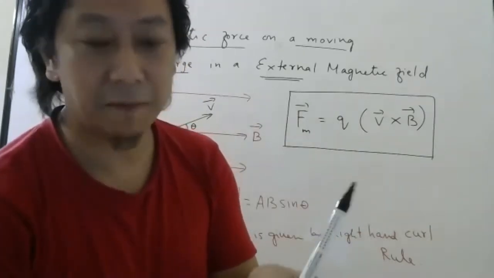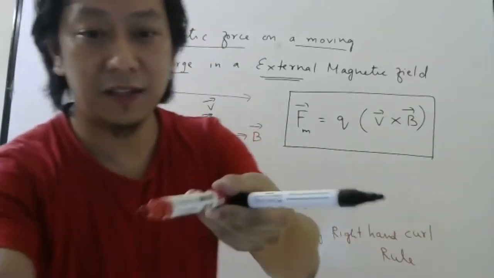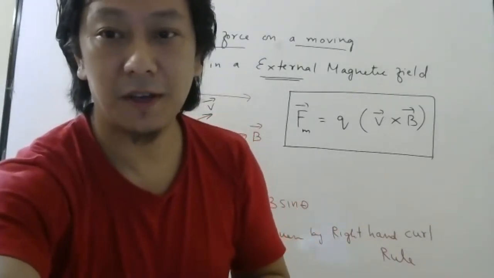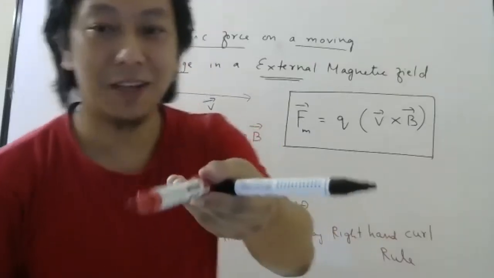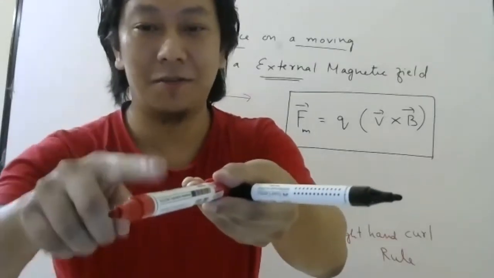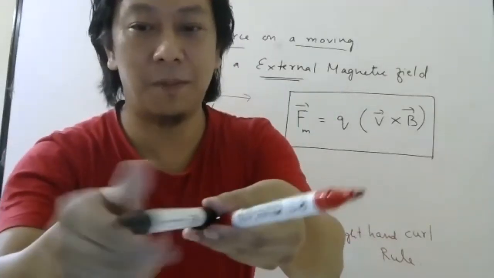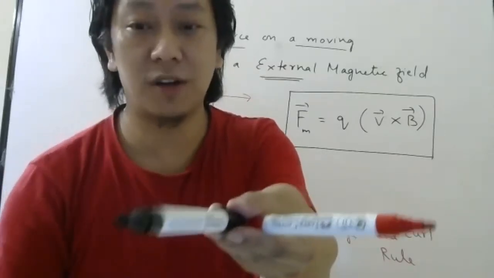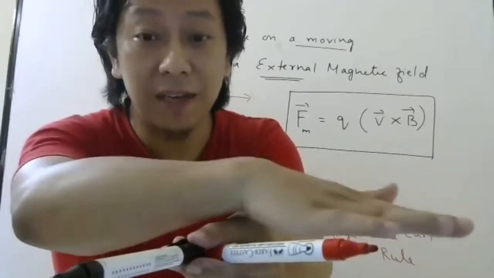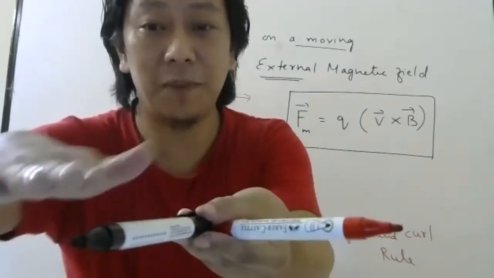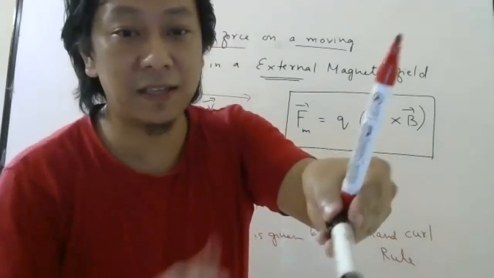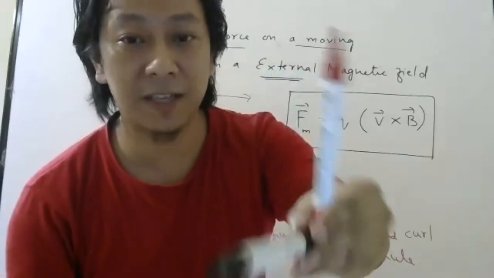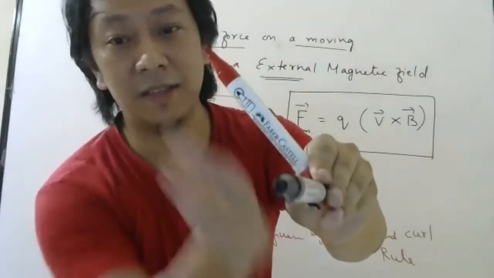Let me repeat one last time. Suppose you have two vectors like this. Imagine these are the two vectors, and black is the first vector. To find the direction of the cross product, first find the plane that contains them. If I keep it like this, this is the plane; if I keep it at some angle like this, this is the plane.